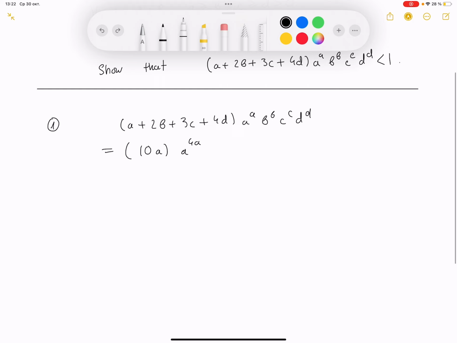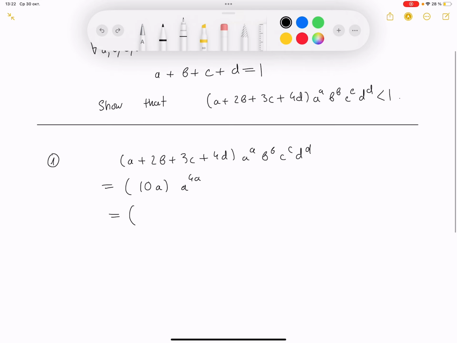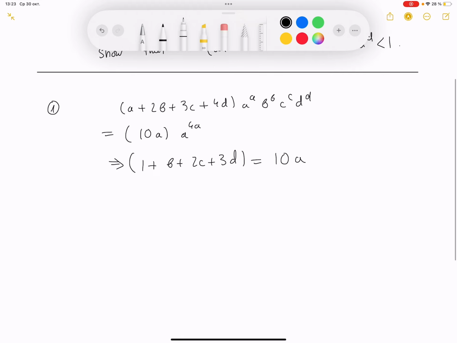So for a, here we can just spot that from our condition, this is equal to 1 plus b plus 2c plus 3d, which is equal to 10a, right?